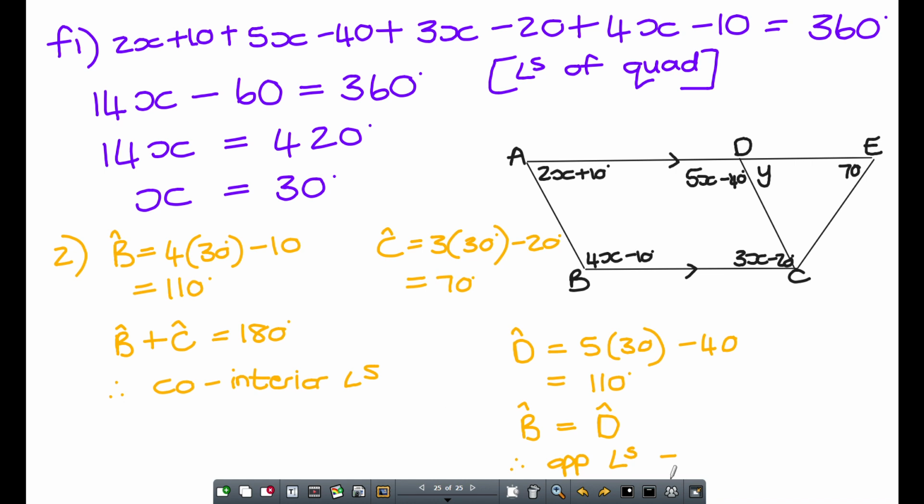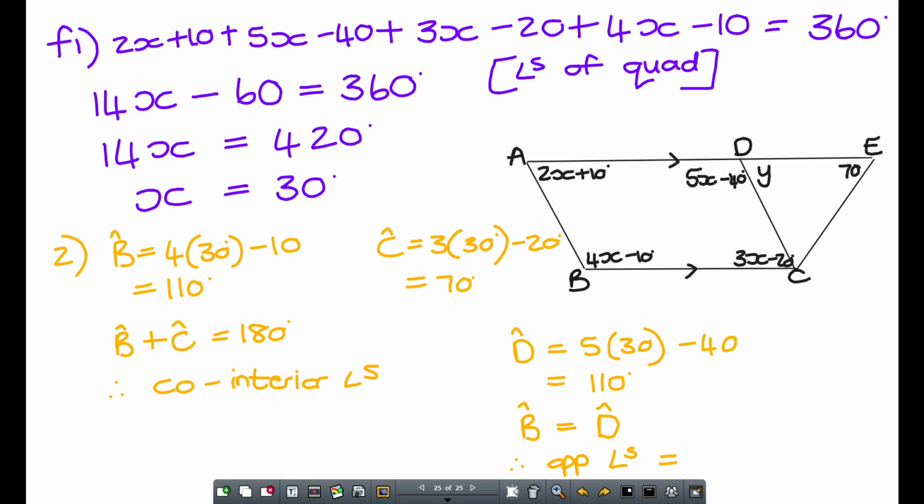Opposite angles equal. I worked out D, and we already had B. If it's a parallelogram, the two angles opposite each other, meaning A and C or B and D, must be the same. And here I said B is equal to D, so therefore opposite angles are equal. So that's just another way that you could have proven that it's a parallelogram.